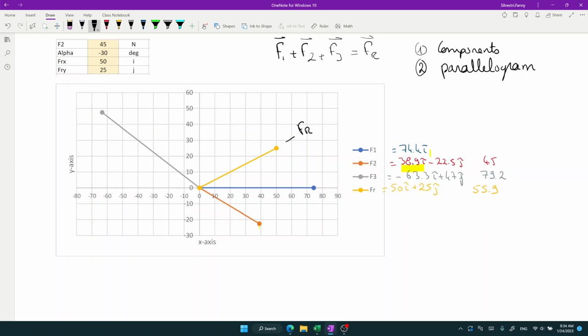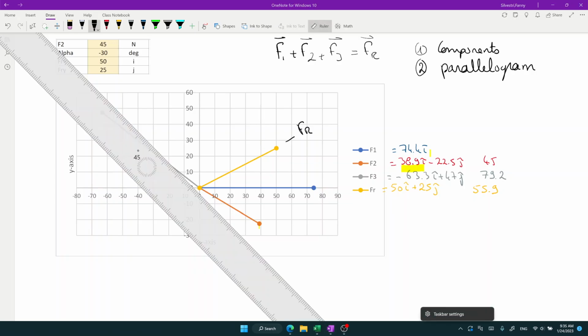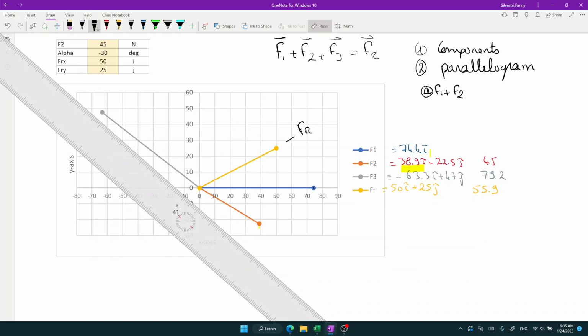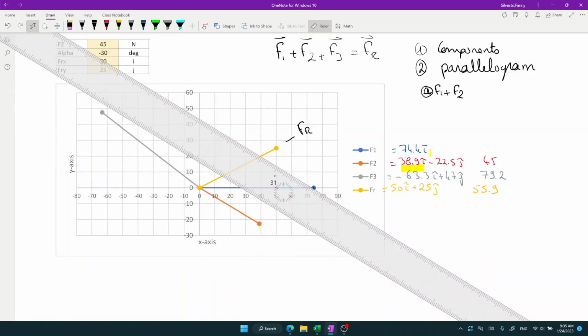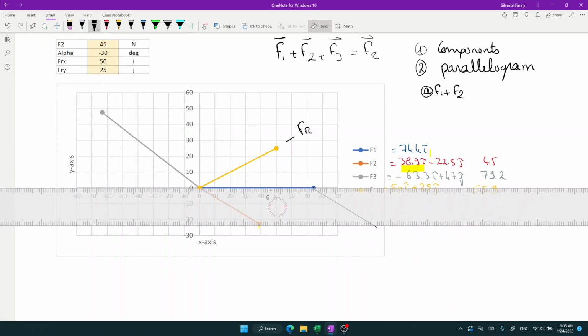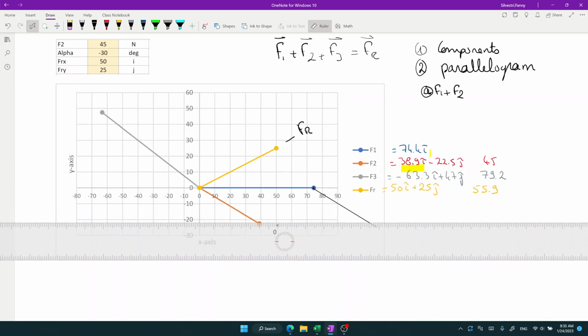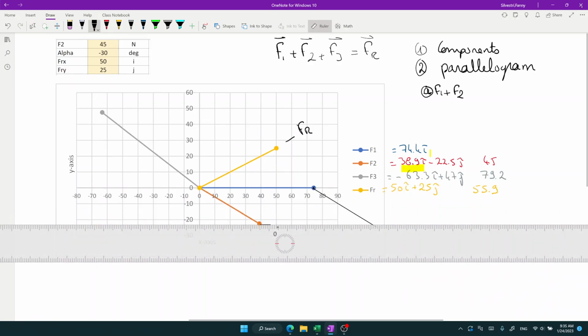Now, method number 2, we can use the parallelogram method. You need a ruler, and we will do first F1 plus F2. This is F1, this is F2. I take my ruler, I draw a parallel line to the orange, going to the end of the blue vector, and I draw a parallel line to the blue, going to the end of the orange vector.